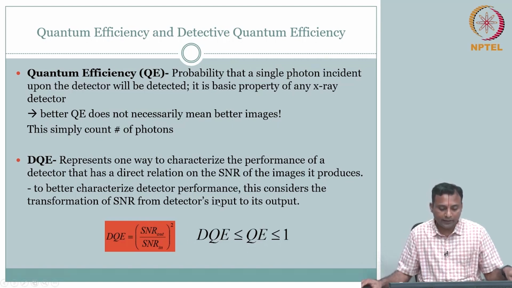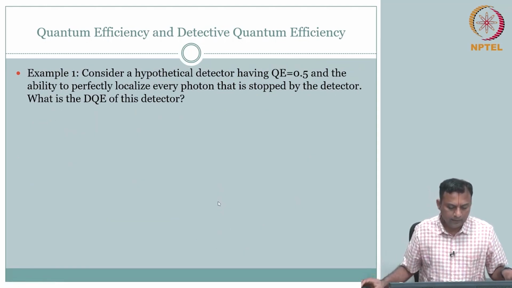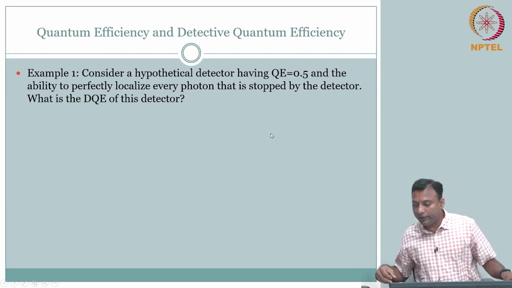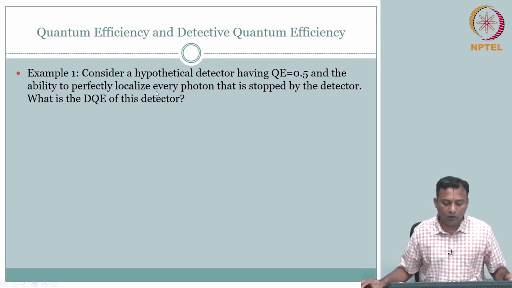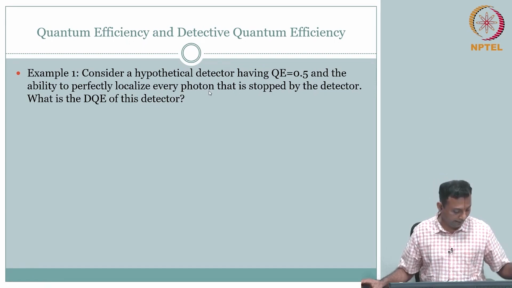Okay, so now let us take an example. Consider a hypothetical detector having a quantum efficiency of 0.5 and the ability to perfectly localize every photon. What is the DQE of this detector?